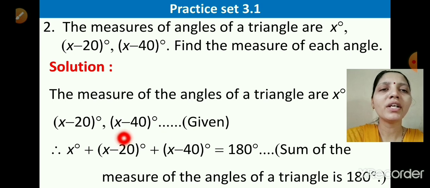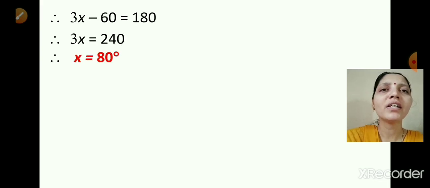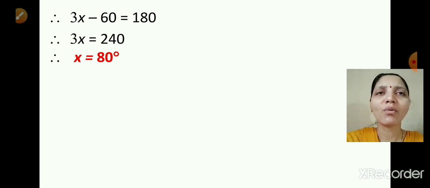Minus 20 minus 40 will become minus 60. So our equation will be 3x minus 60 is equal to 180. So 3x is equal to 180 plus 60, that is equal to 240. So x is equal to 240 upon 3, that is 80 degrees. So here we got the value of x.